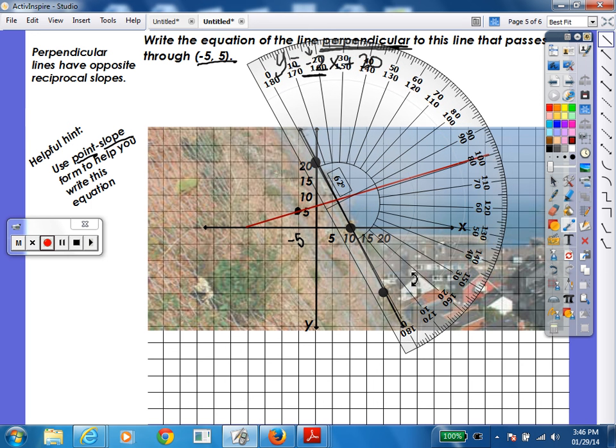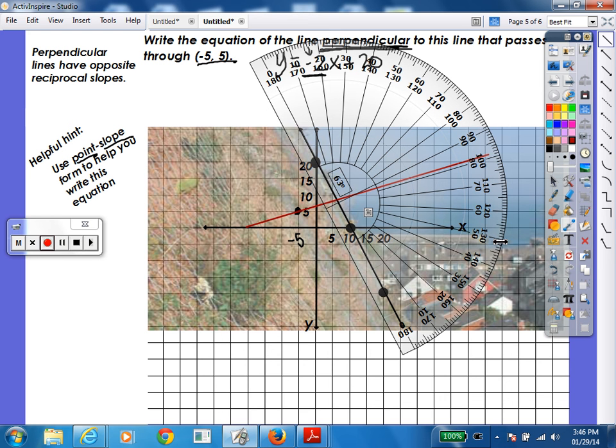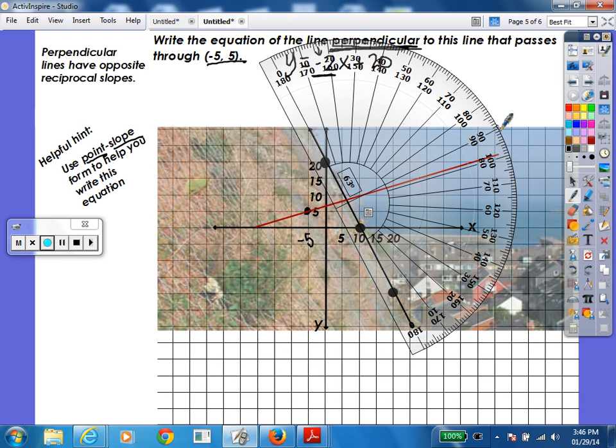Okay, 90 degrees is up here. I don't know how that worked out before.